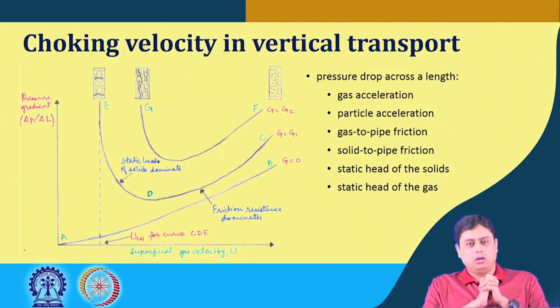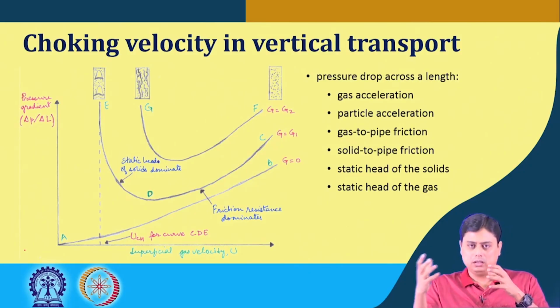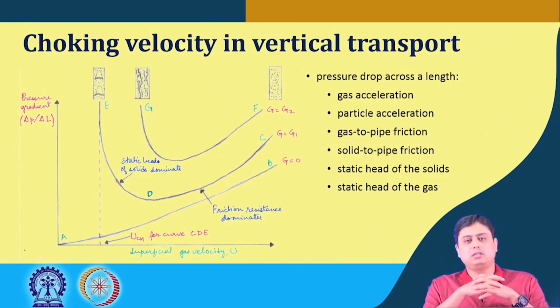That should be done with as little air as possible, because then the energy cost, the energy requirement, or the air requirement, everything is lower, and with the minimum amount of air the mean velocities would be lower. So, the abrasivity and all these things can be taken care of.